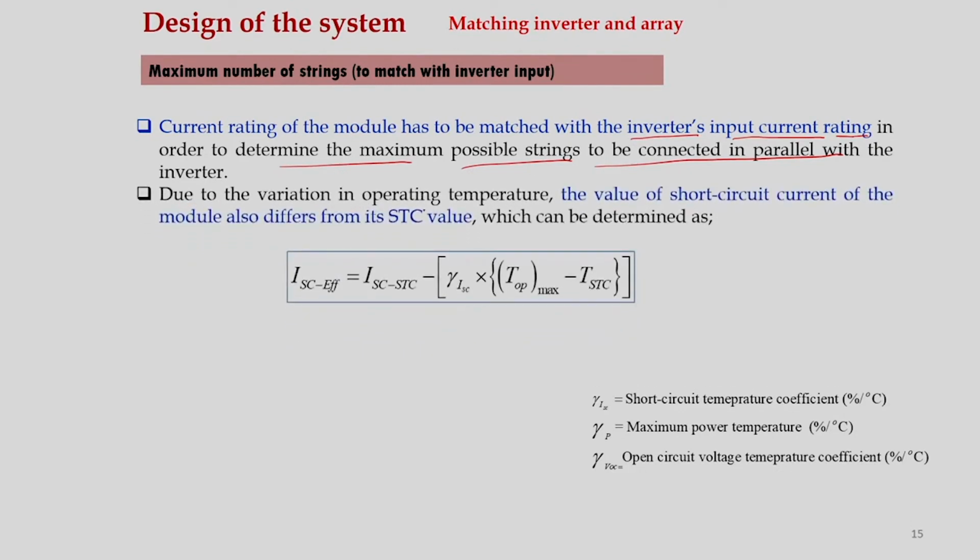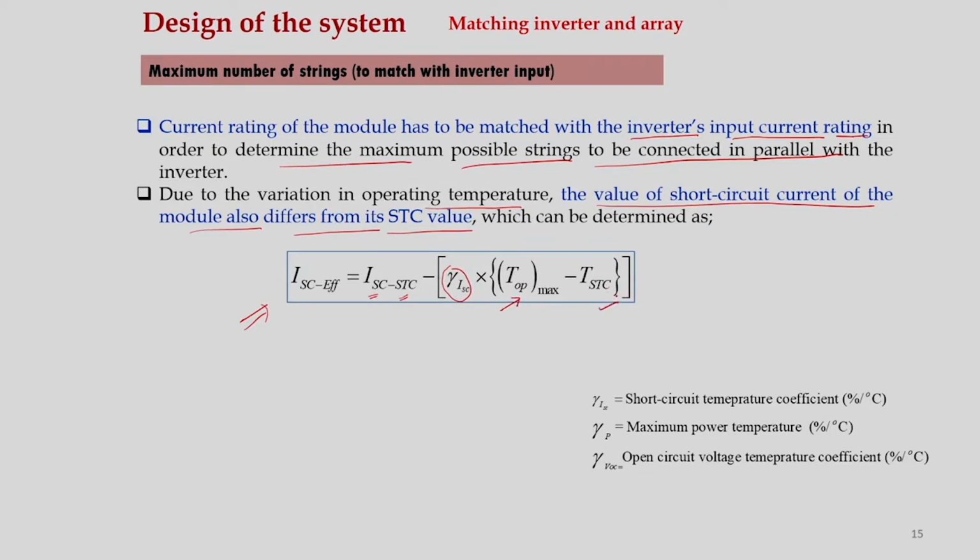Due to the variation in operating temperature, the value of short circuit current of the module also differs from its STC value, that is obvious. So, if we need to account for those variations, then we need to use this equation. ISC effective is ISC, that is short circuit current under standard test condition, minus the temperature coefficient for this short circuit current multiplied by T operating maximum minus T STC.